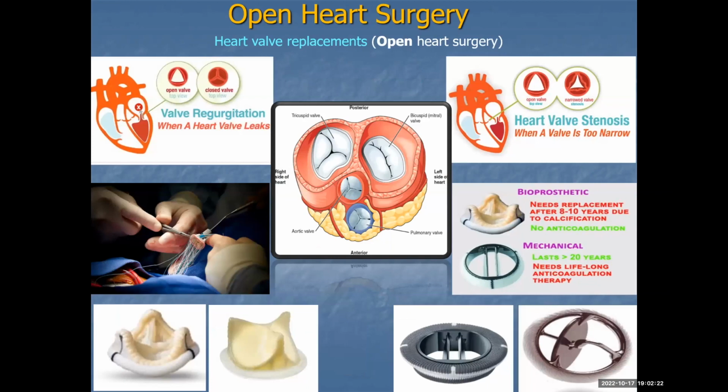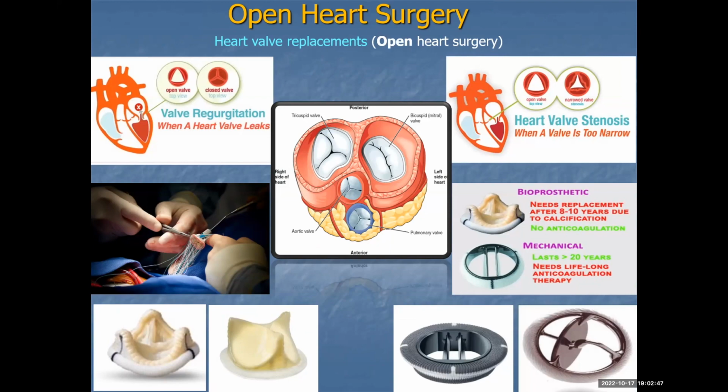The next thing is open heart surgery. As it says on the tin, this is when the atrium or the chambers of the heart are opened and we either repair or replace one of the valves. The decision to repair or replace depends on the disease process, but that's a whole lecture in itself.